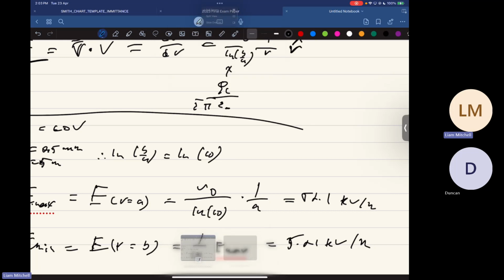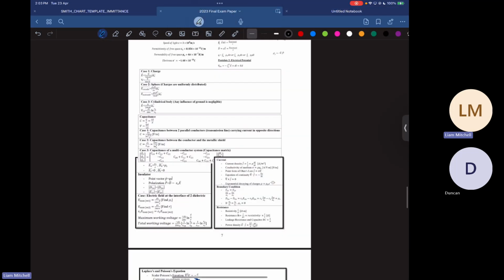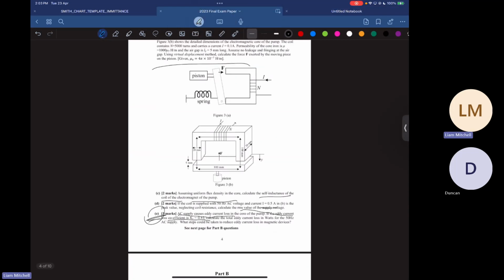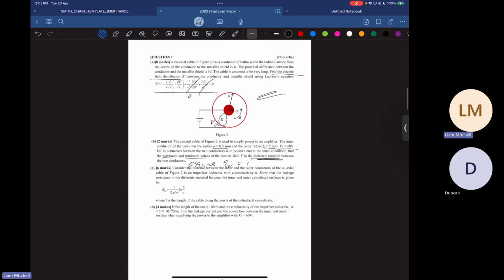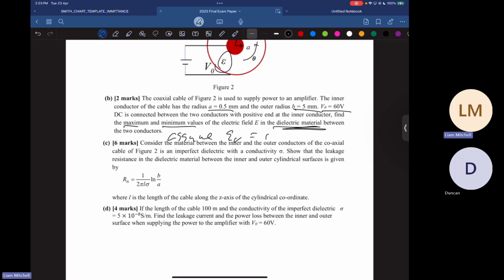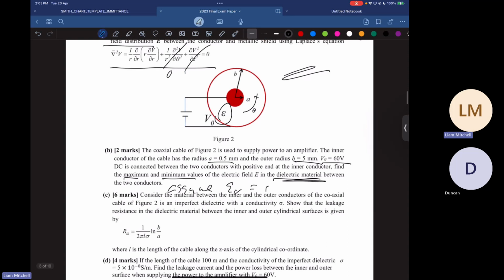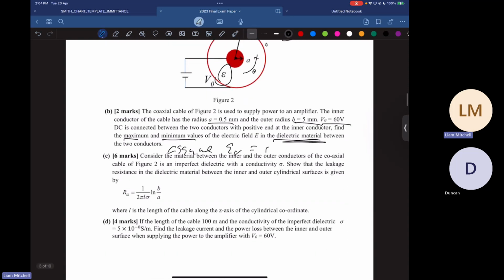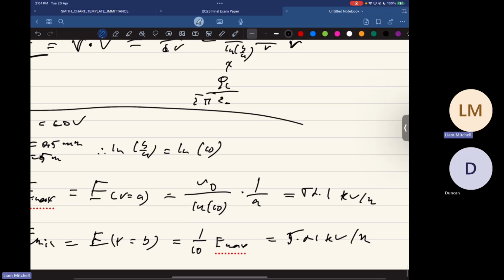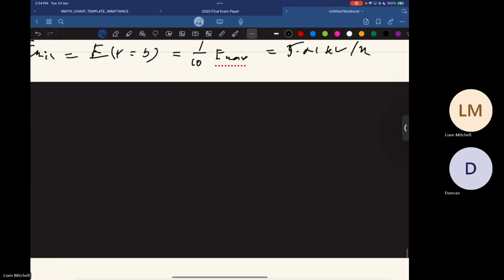And then the next part asks us to calculate the leakage resistance from here to here, and show that it is equal to Z. This is not very hard to do.